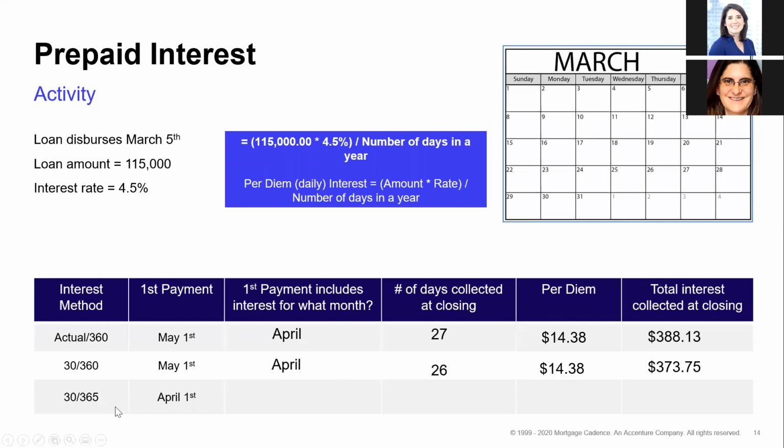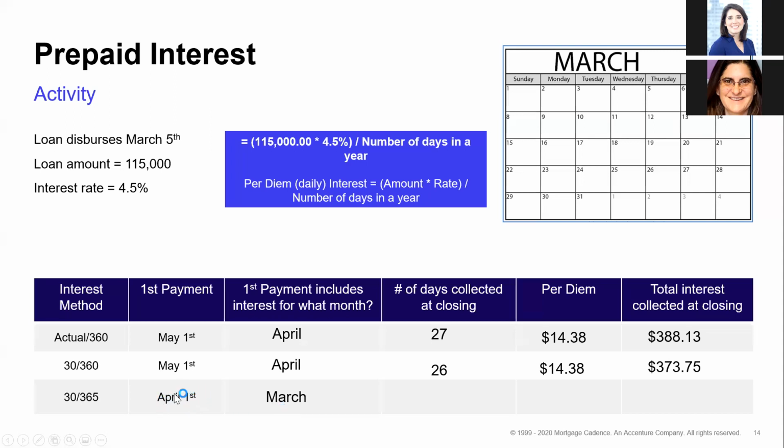All right, and then our last one, what do we have here? If the borrower is paying first payment April 1st, closed March 5th, their first payment of April 1st includes interest for which month? Yes, exactly, March, because it's always in arrears. It's always going to be the month before.